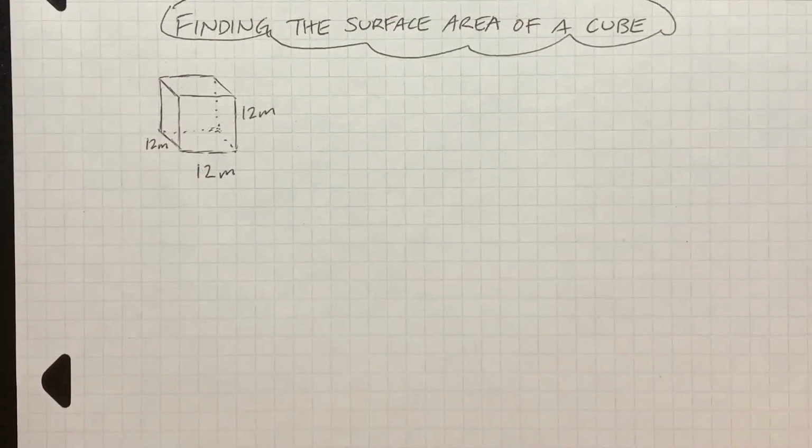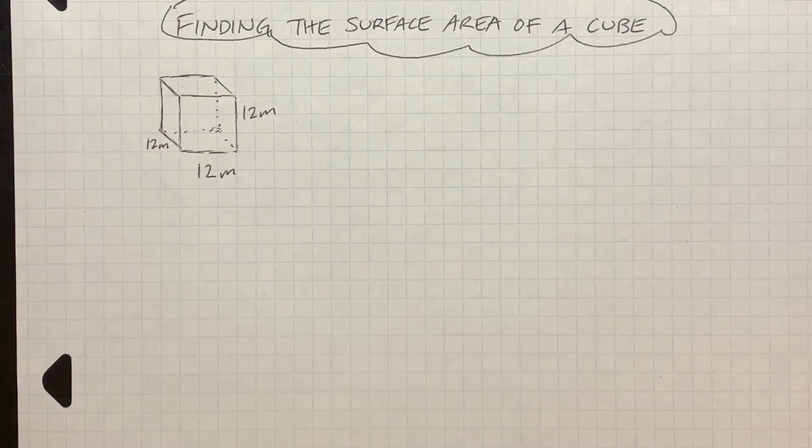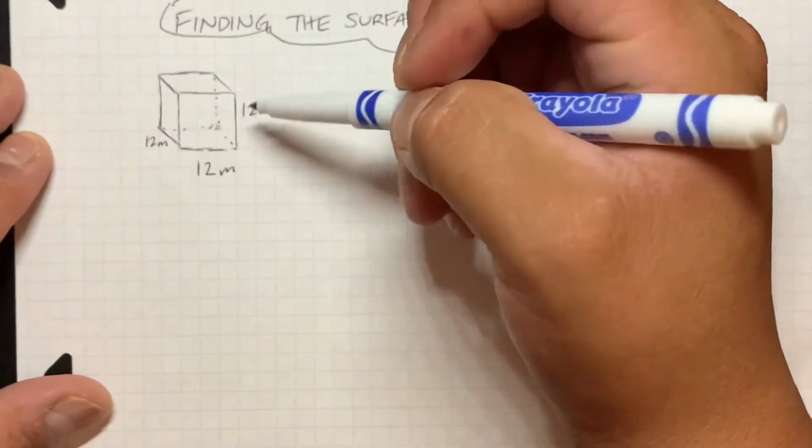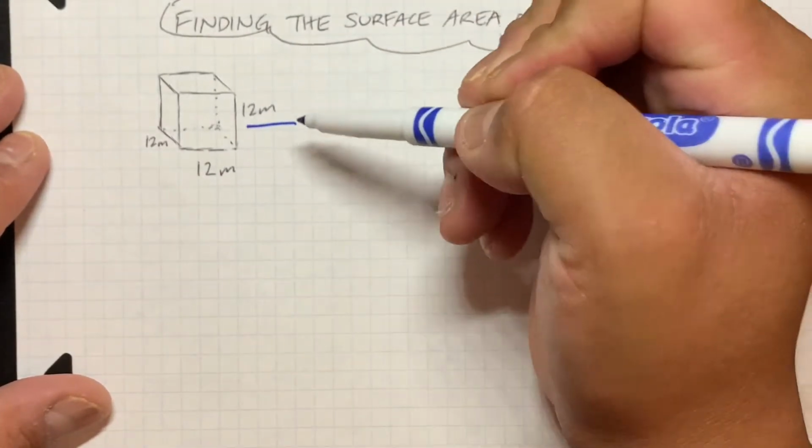All right, so as we begin, I want you guys to first understand what a three-dimensional figure is. Again, we're building off of 7.3 or 7.4, working with three-dimensional figures. So first off, we have this cube here, a three-dimensional cube. Three-dimensional because it is 3 meters tall.